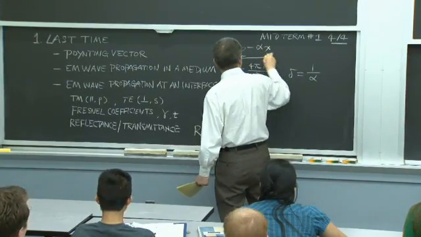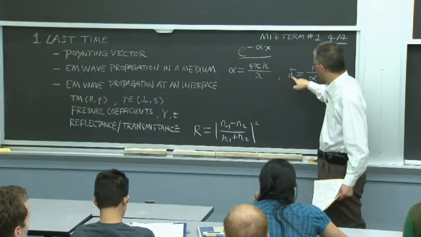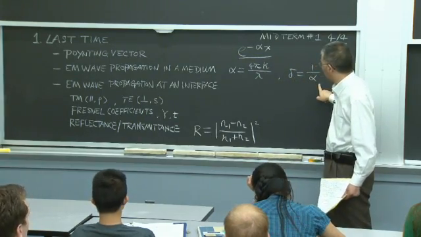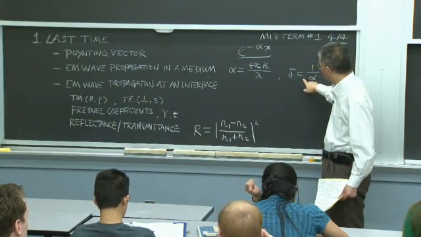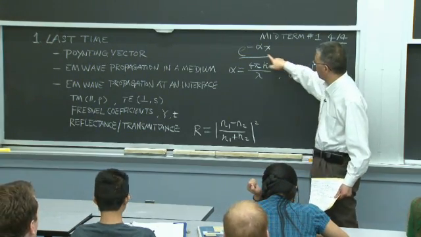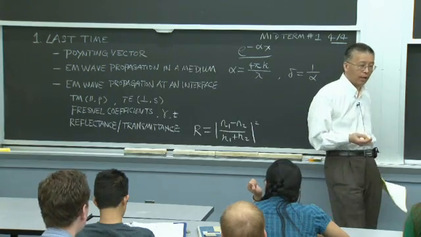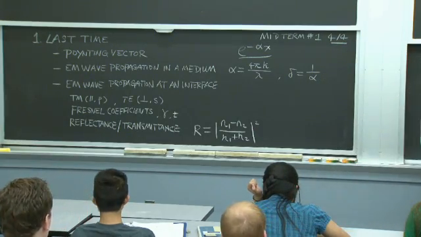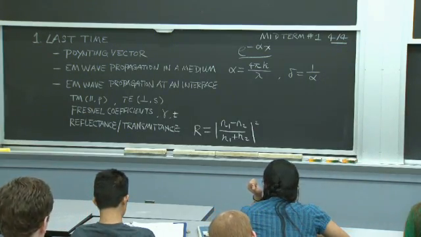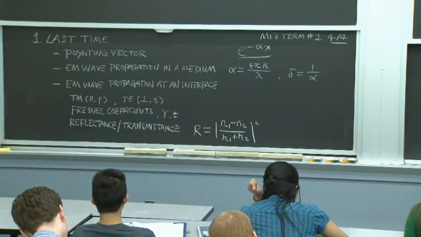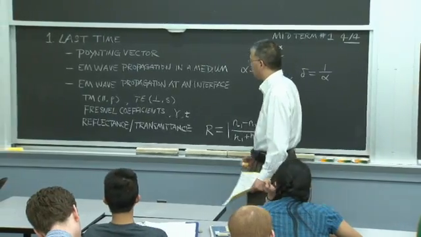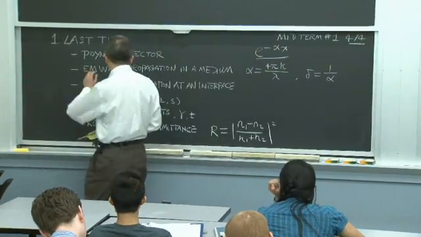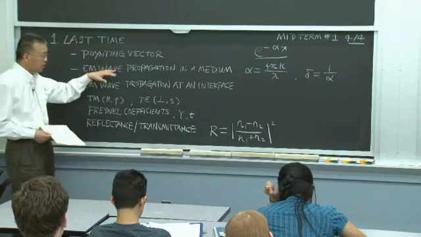When x equals delta, the inverse of alpha, the exponential is e to the minus 1. That delta is the penetration depth, when the light intensity decays by e to the minus 1.